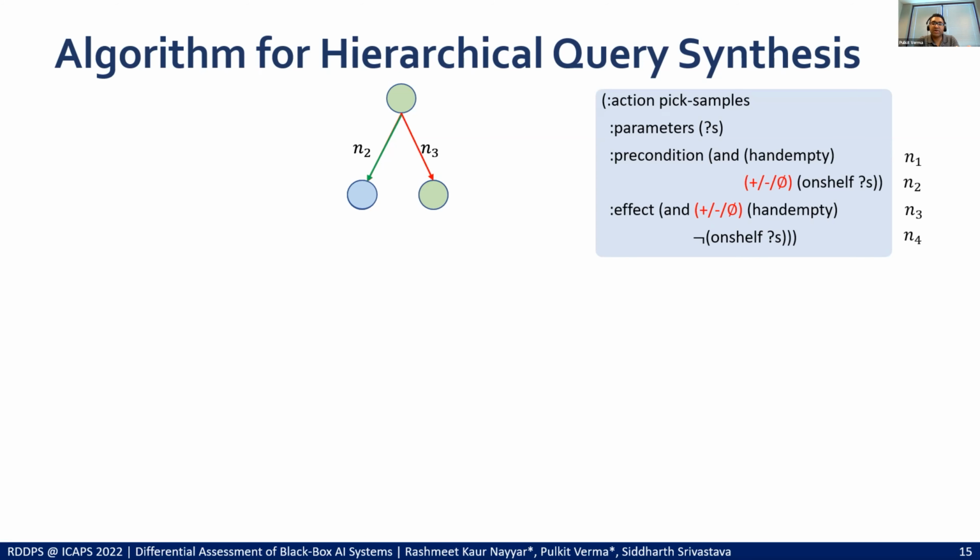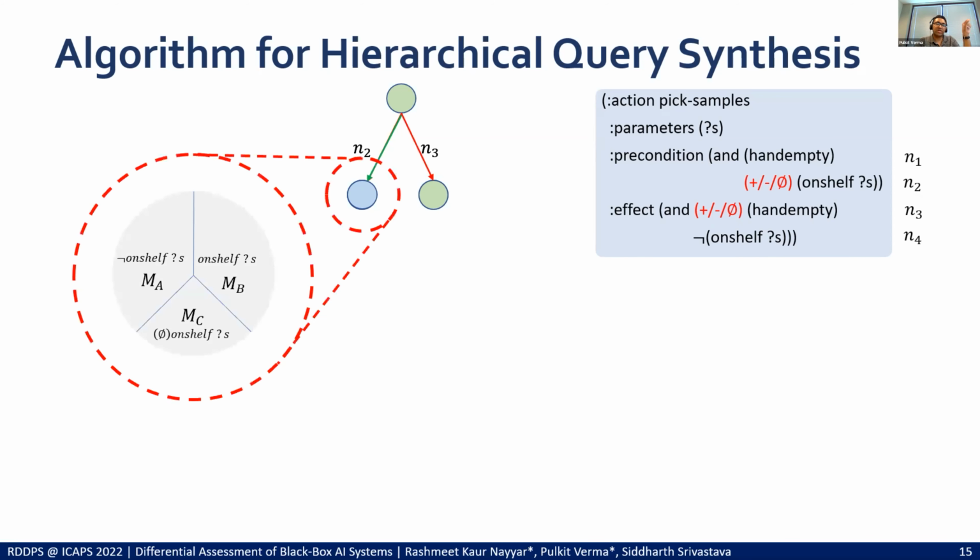So here for this example, we assume that the model contains only one action, pick sample, and it has just two predicates, hand empty and on shelf. And Daisy has predicted that on shelf in the precondition and hand empty in the effect may have changed. So we pick one of these in random order. So I'll pick on shelf, and then we create three models, MA, MB, and MC. And we do this by adding on shelf in three possible forms, one in each of the models.